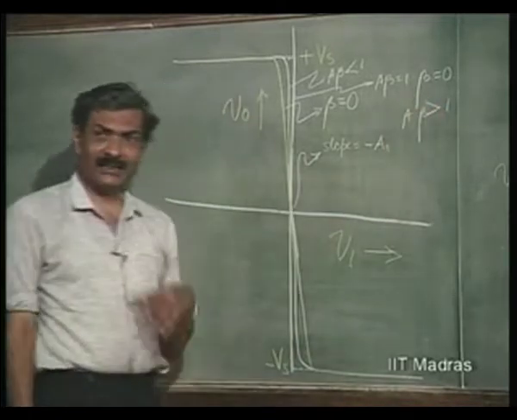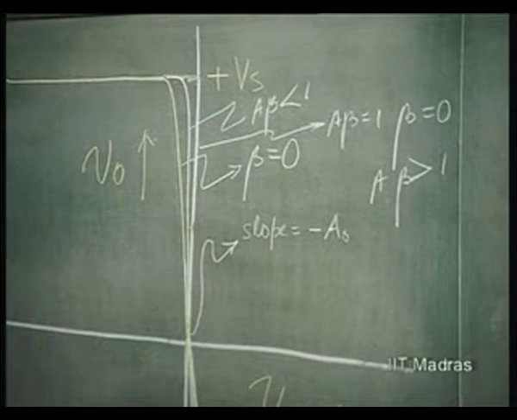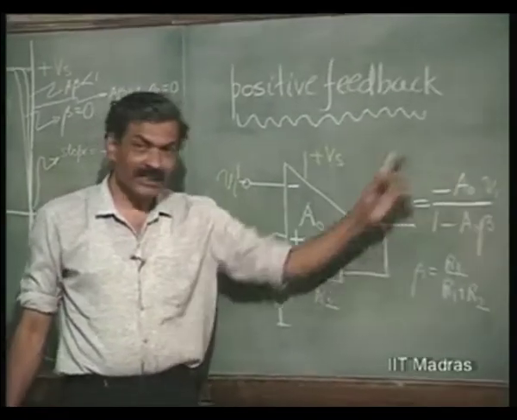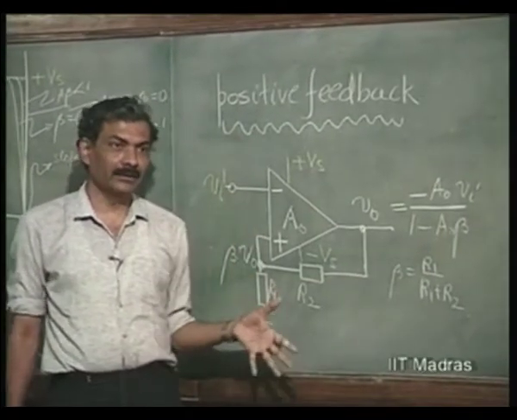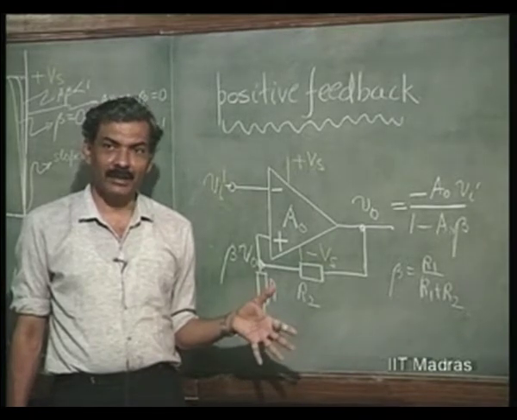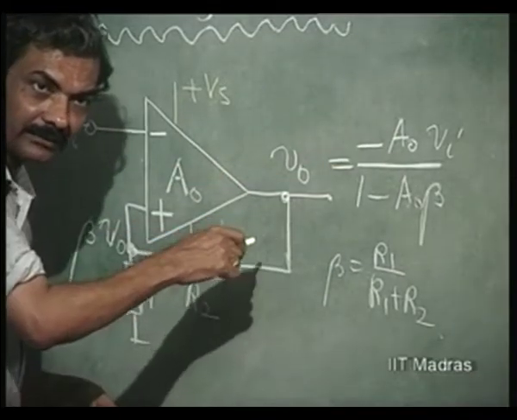Once I say there is no correlation between output and input, okay, output is not specified for a given input, then I cannot any longer use any equation like this. That means this equation is not valid, okay, for A naught beta equal to 1 and greater than 1. So, this equation is no longer valid.